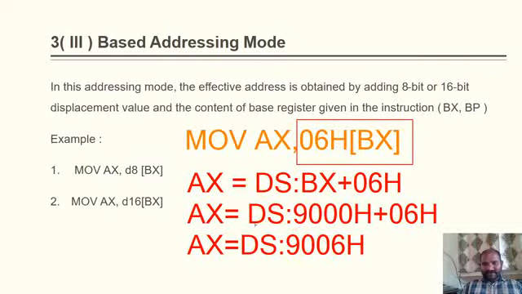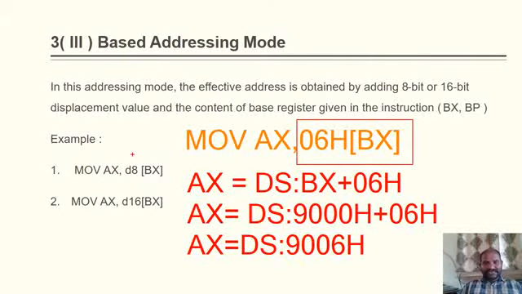Now whatever value is in the data segment at offset address 9006H is going to be stored inside the AX register. This is the meaning of this instruction.